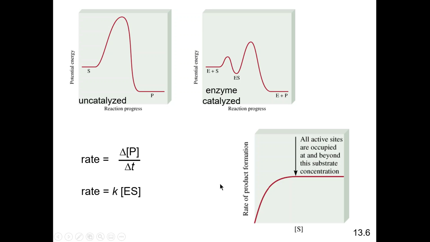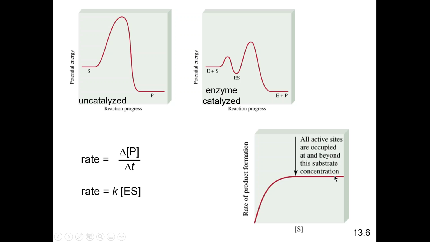But what is found when you actually do this experiment to look at the relationship between the rate of production of the product and the concentration of the substrate is that as the concentration of the substrate increases, the rate increases up to a point.